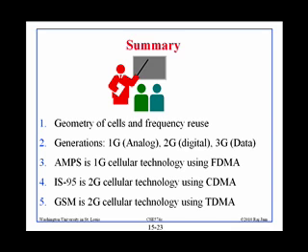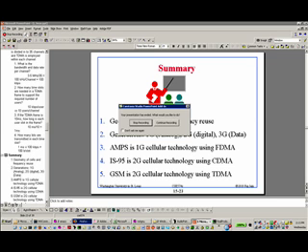Then we moved on to CDMA and TDMA, and so the TDMA example is GSM, and the CDMA example is IS-95A. Let me put A there because that's important.